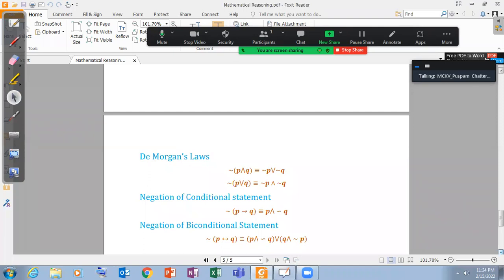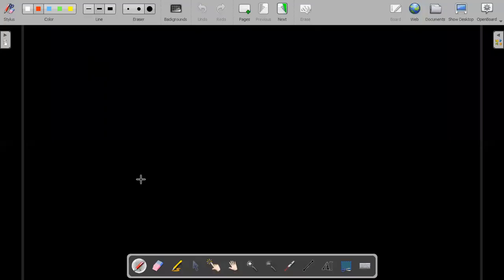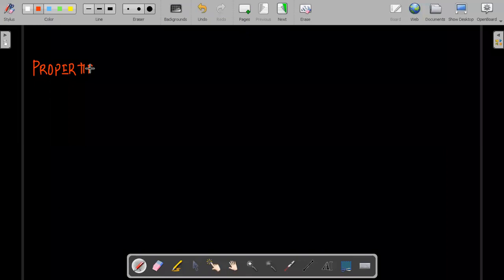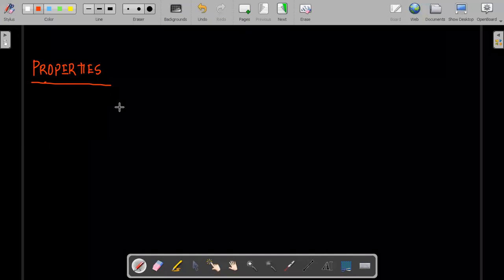Now, there are many properties, and I'm writing down some. Remember, all the properties are of sets. Whatever properties the set had, you have here.